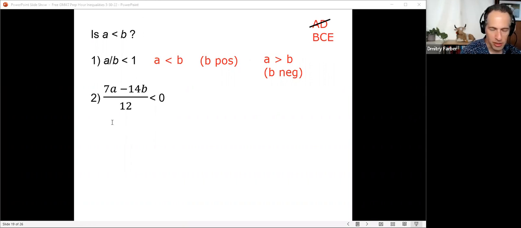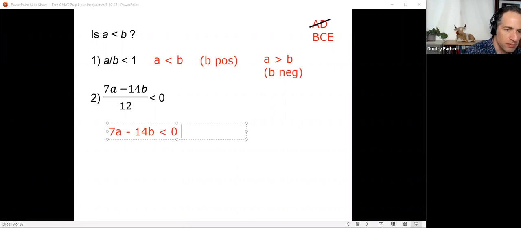What can I do with statement 2? Notice that I know the sign of 12, thankfully. So I can multiply by 12 just fine. And the beautiful thing, when you multiply something over to the other side, when it's 0, is that the whole thing is just 0. So I'll get 7a minus 14b is less than 0.